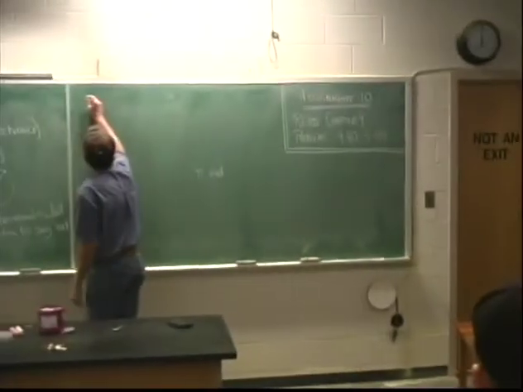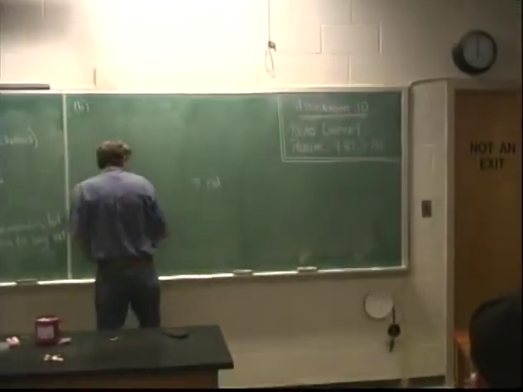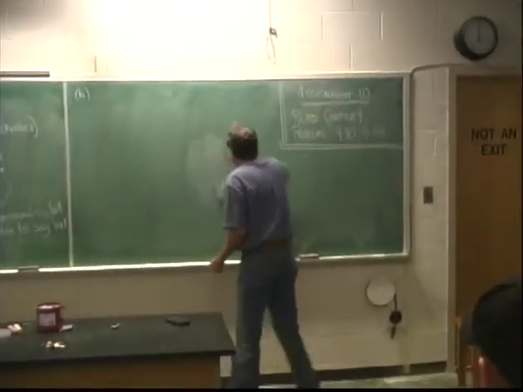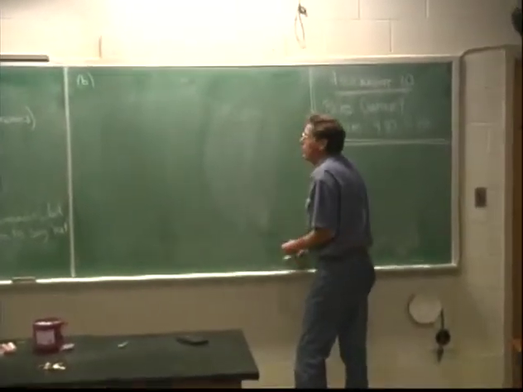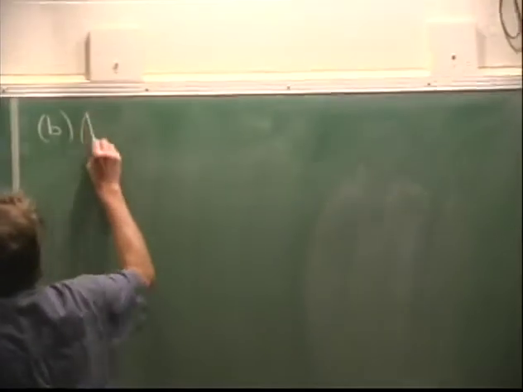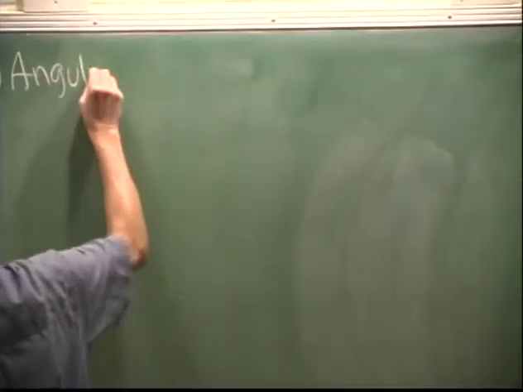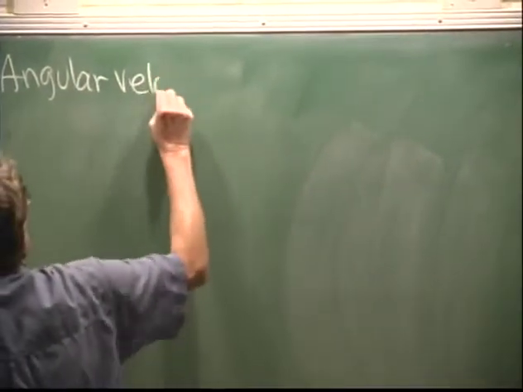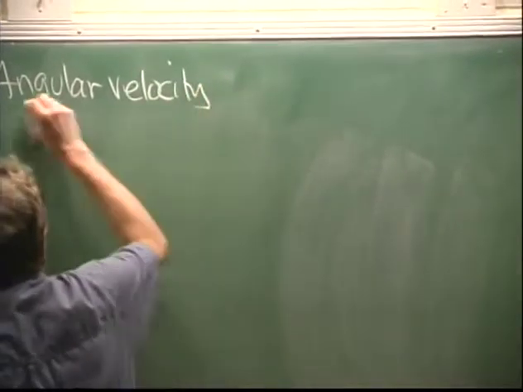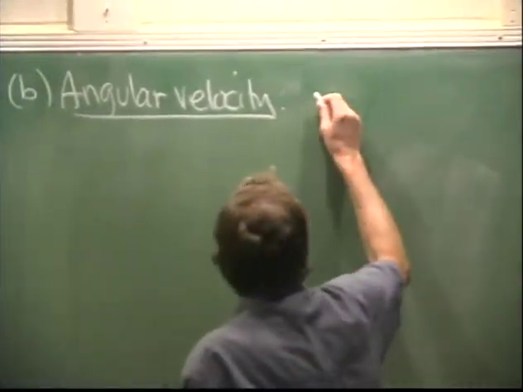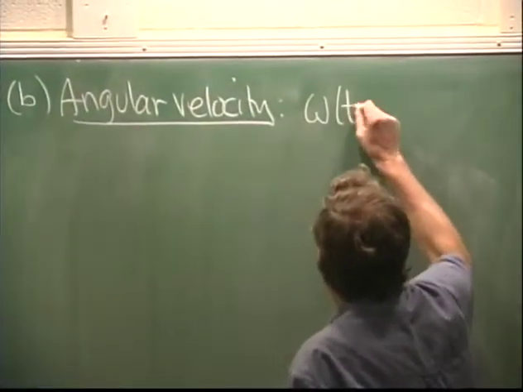Okay, B. If this thing is rotating, then I might be interested in the rate of change of the angular position, that is to say the angular velocity. That's defined in the obvious way.